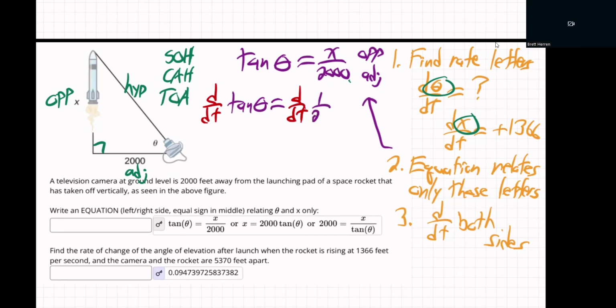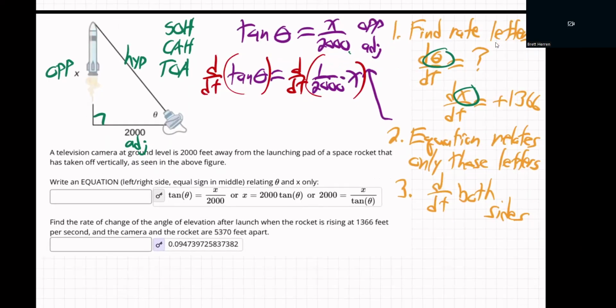So what we can do is make this 1 over 2000 times x. That's the same thing. And that way, x is not involved in a fraction. You don't want x involved in a fraction. Why? Because if it is, you have to do the quotient rule, and we hate the quotient rule. We try to avoid it anytime we can. So just make this 1 over 2000 times plain x.